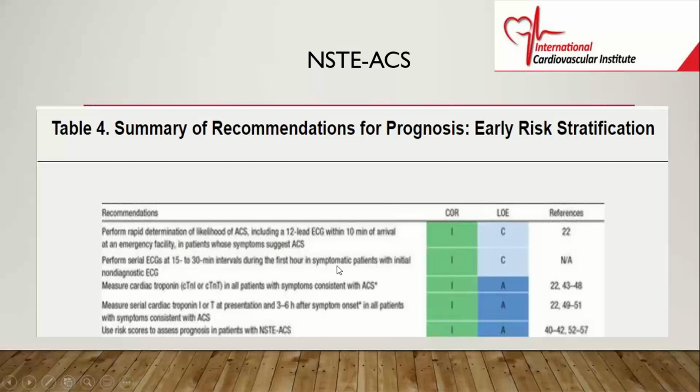So if the first ECG is non-diagnostic or normal, within 15 to 30 minutes you have to do another ECG. So we usually talk about just repeated ECGs. What I do is, I don't sit down and time it.